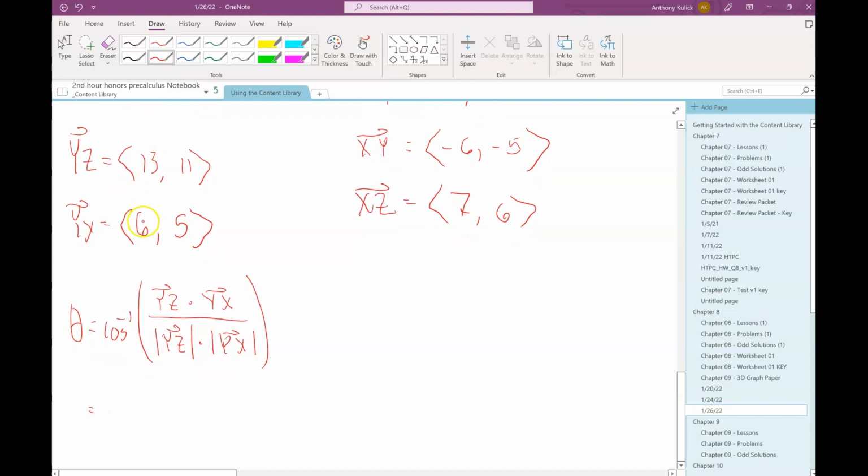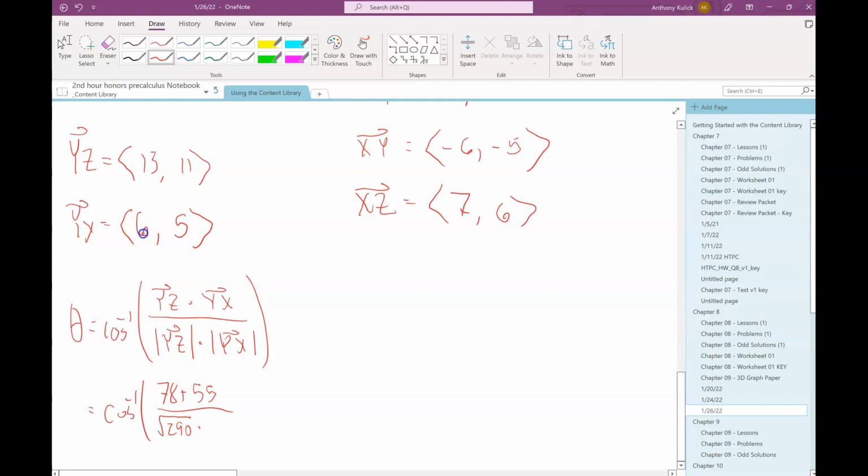So let's see, 13 times 6 is 78. And then 11 times 5 is 55. 13 squared plus 11 squared is 290.